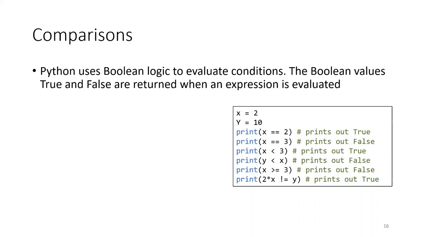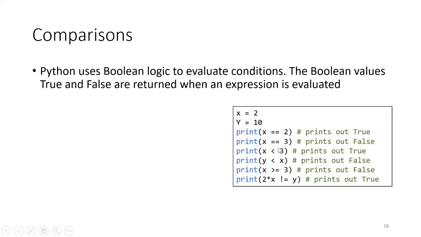When we want to check equality in programming, usually we need to put equal sign twice, like here. This is an expression which will be evaluated by Python, and it will print out true because x is actually equal to 2. But the second expression will print out false because 2 is not equal to 3.